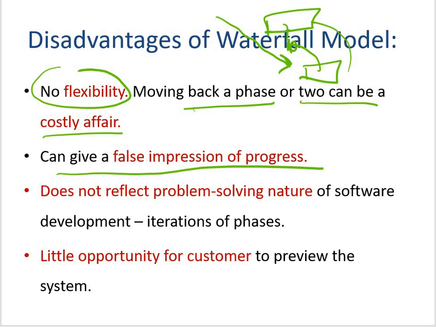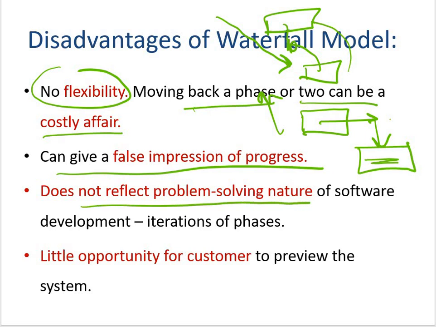And sometimes it can give me a false impression of progress. Although my testing wasn't done properly and I identified some bugs, since the model says to move to the next phase, I'm not moving to the previous one because it will be a costly affair. So I move to the next phase, giving me a false impression of progress. On top of it, it does not reflect the problem-solving nature of software development.